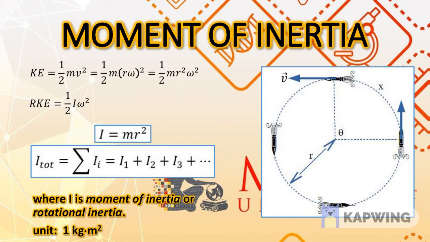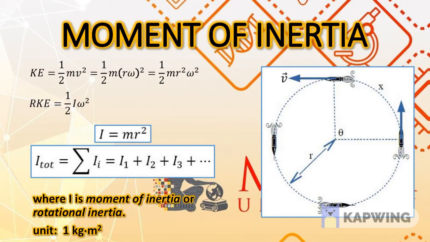Therefore, v is equal to r omega, and replacing v by r omega, kinetic energy now becomes equal to 1/2 mr squared omega squared. If we let I, moment of inertia, be equal to mr squared, our equation for kinetic energy becomes 1/2 I omega squared.